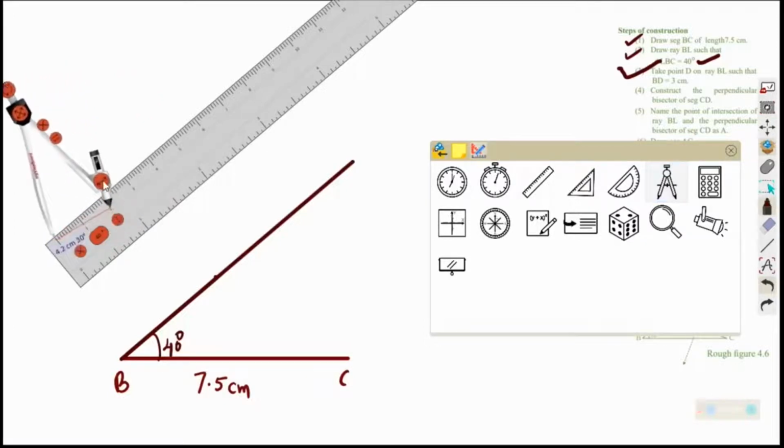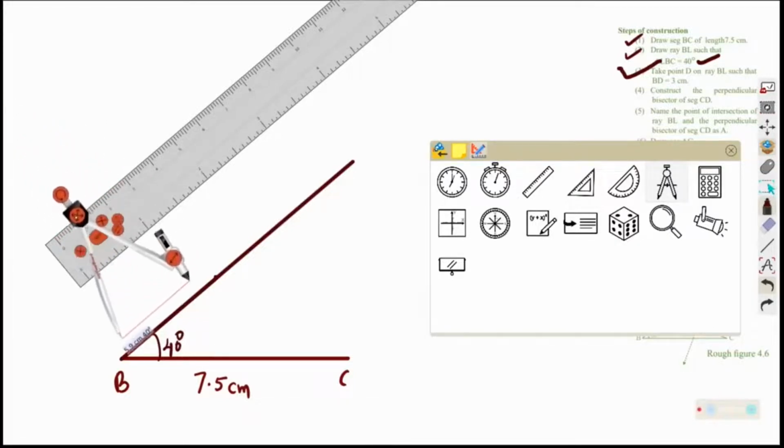As I told you, these are all digital, and the real 3 centimeter and this centimeter will not match; it will always show double. It doesn't matter, we are using the same scale. So 3 centimeter is taken on the compass, and we will use that measurement to mark the distance 3 centimeter from B.